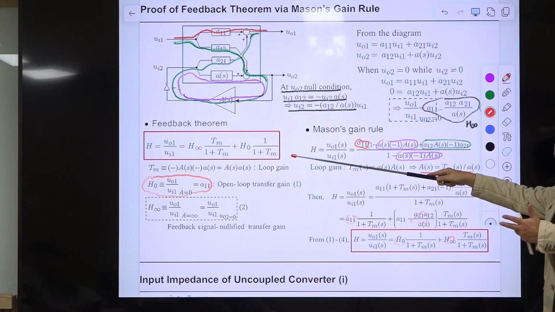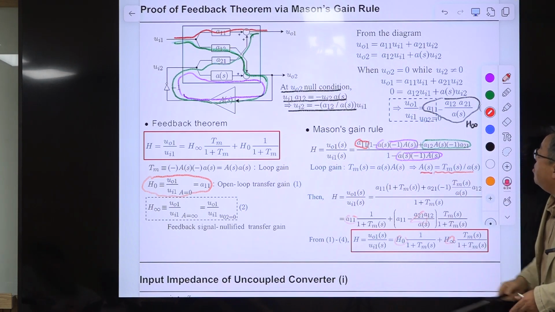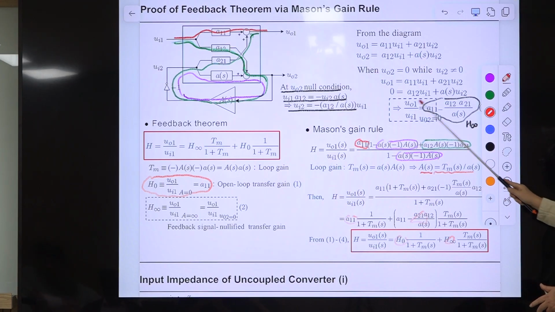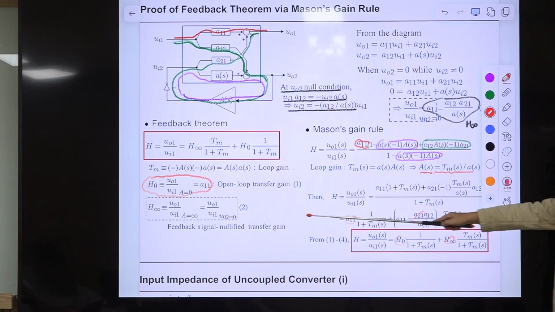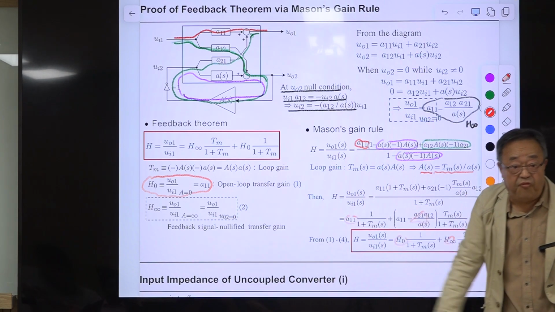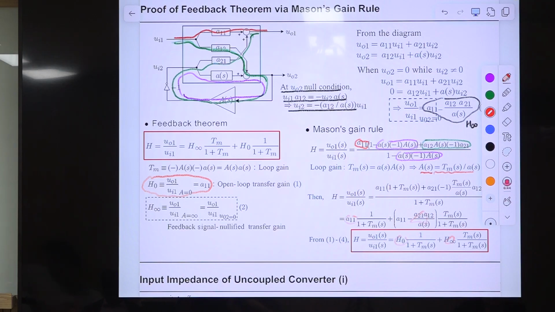That occurs in this condition, and with this you solve this. The ratio of this one is the transfer gain, with this one 0. It's the same thing. There is the definition of H infinity. So you can solve this, and you obtain this. This is the H infinity. So that is the result of the ET.